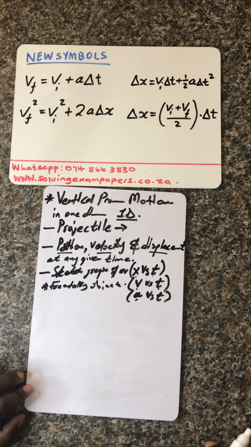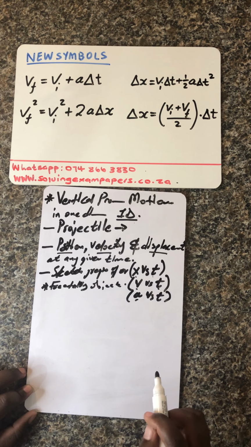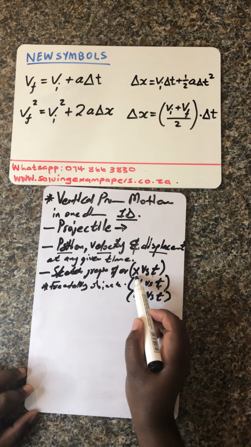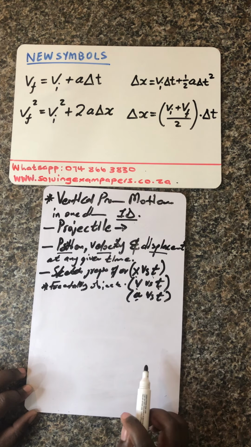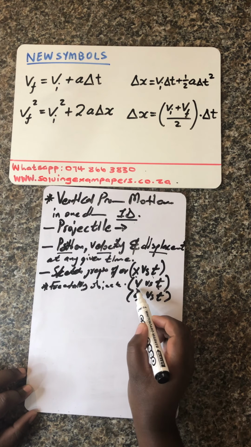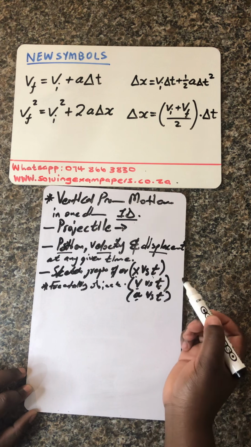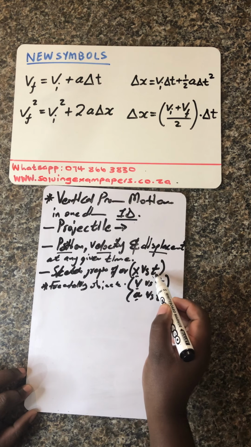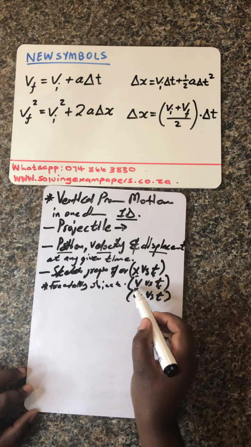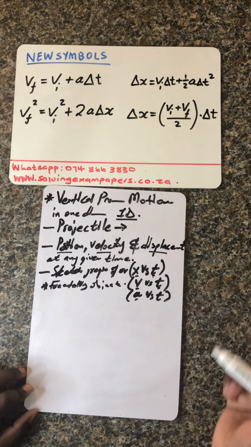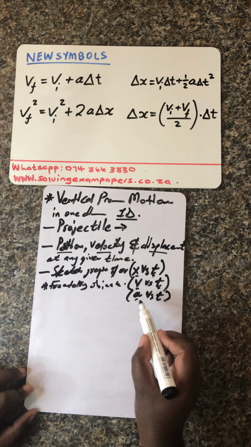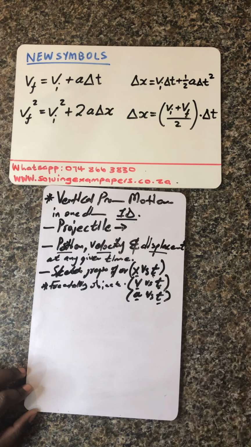Very, very much important. So for an object which is falling freely, we can sketch the position versus time graph, a velocity versus time graph, and also an acceleration versus time graph, okay.